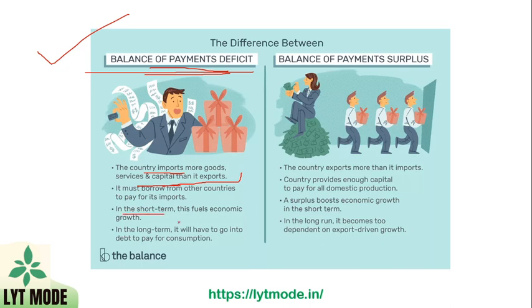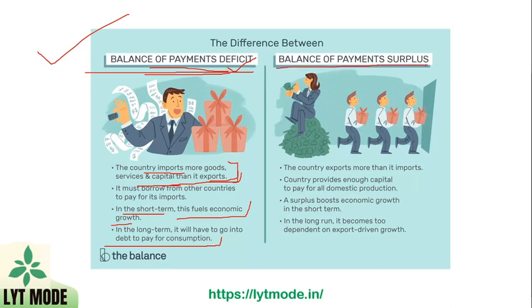In the short term, this fuels economic growth, but in the long term the country will have to go into debt to pay for the consumption. So a negative balance of payment can harm economic growth.